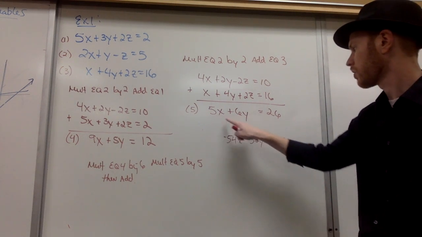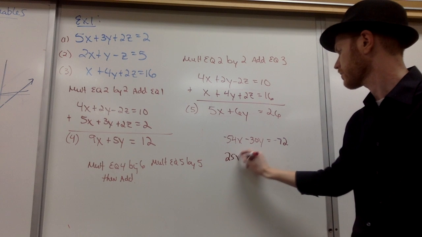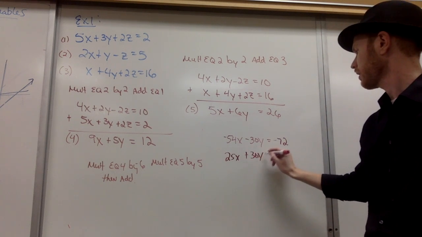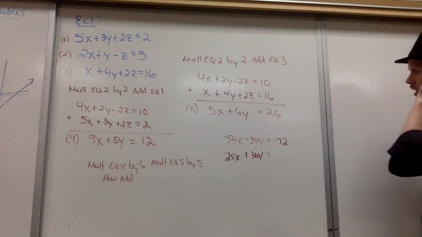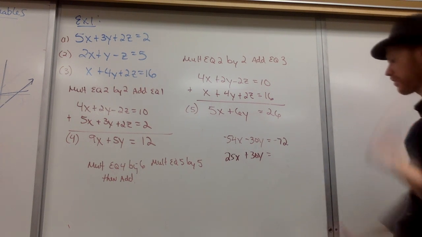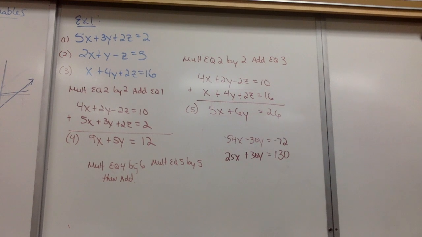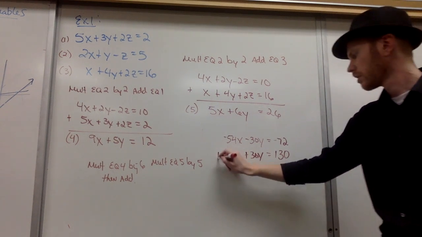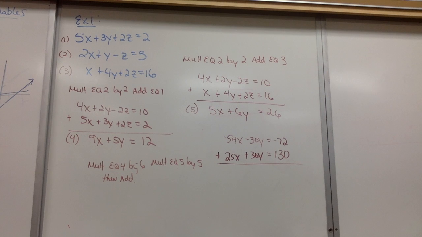And then for this guy, I'm going to multiply it by 5, so I get 25x plus 30y equals 130 for that guy. And once again, I'm going to add those two together.